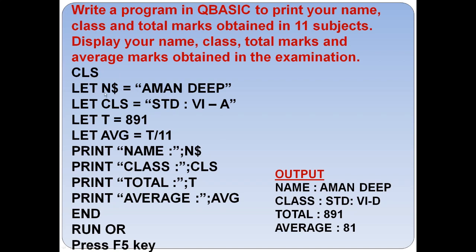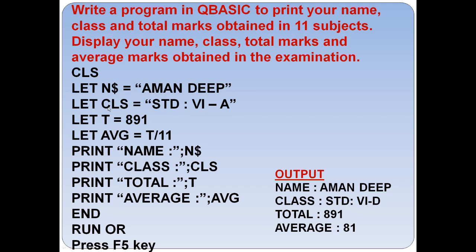Then LET N. I told you earlier that when we are writing a string variable, an alphanumeric variable, we write the variable name, and after that we put the special sign, the dollar sign, is equal to, then in double quotes we write the name.